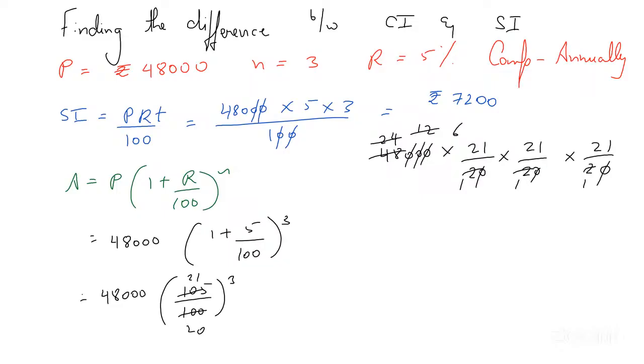Ma'am, it's wrong, right? One second. Okay, it's yearly, right? Yearly, so the rate will be 5 only. Yearly, so the time will be 3 years only.